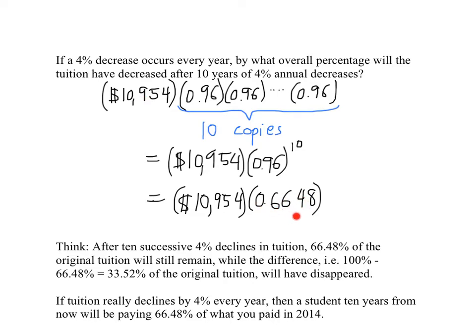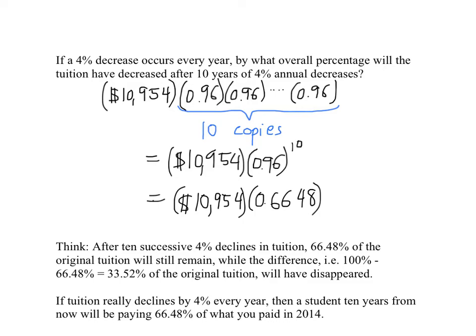Well, that's 66.48% of the original tuition. And we can only find out that 96% of 96% of 96%, etc. is the same thing as 66.48% by multiplying together these 10 copies of 0.96. So for the same reason why we multiplied together factors of 1.04, we now multiply together factors of 0.96.